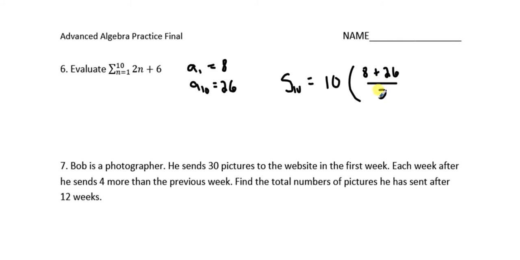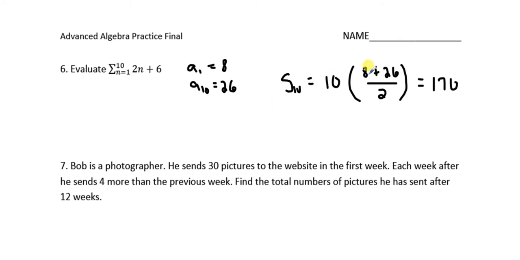Basically, we're taking the average of the terms we're adding up and multiplying by how many terms. And that is 170 if you add that up. Be careful on your calculator. Make sure you do the numerator first. So you got 34 divided by 2, 17 times 10, 170.